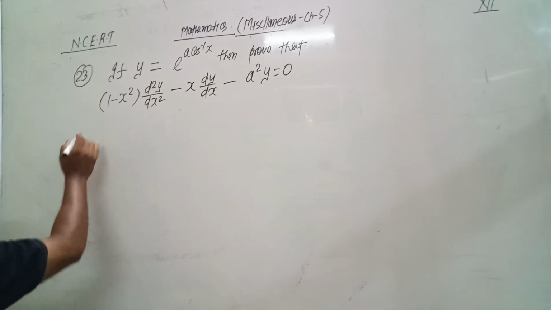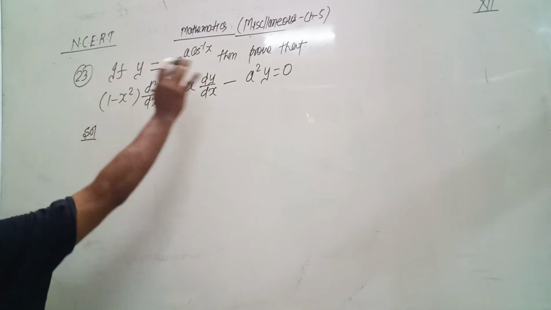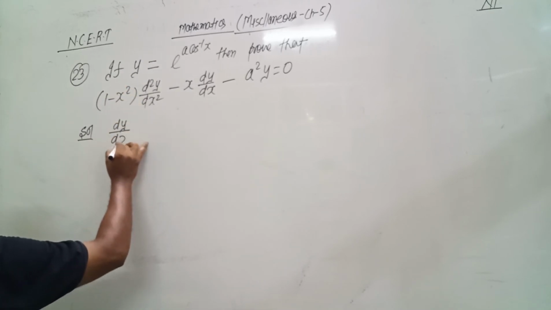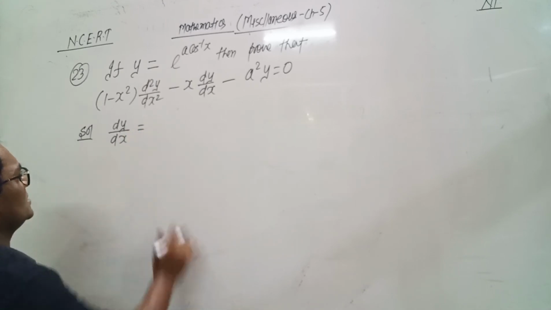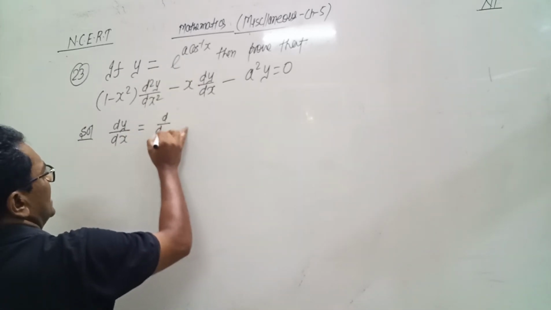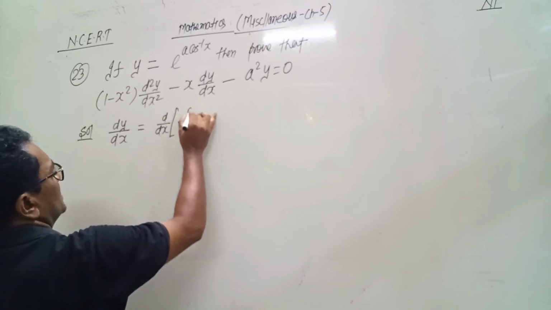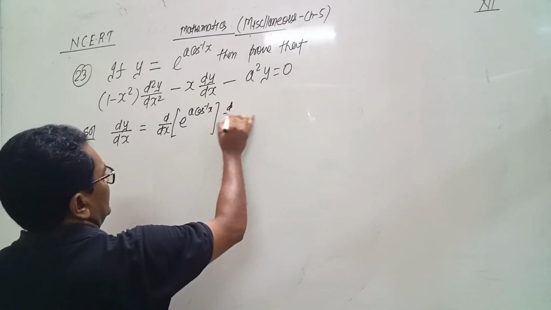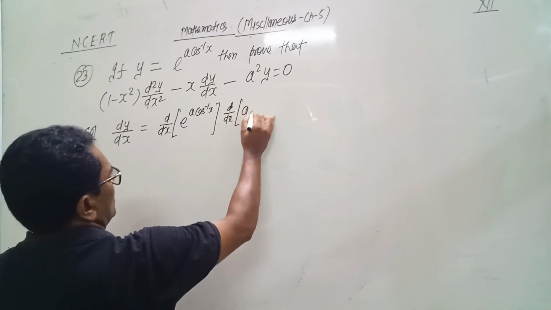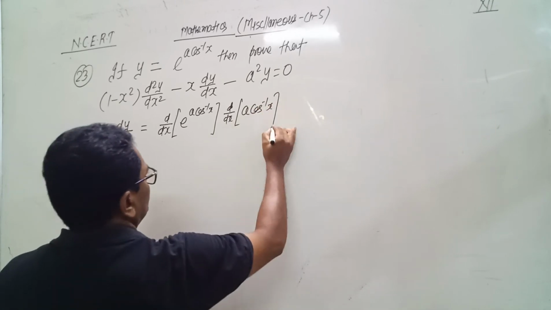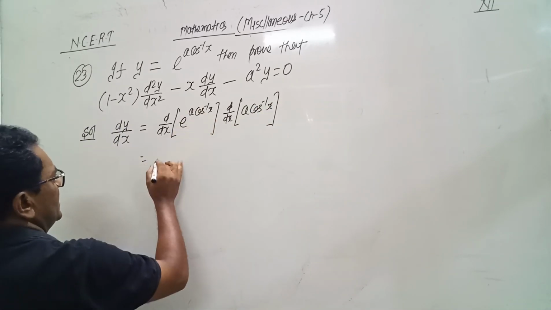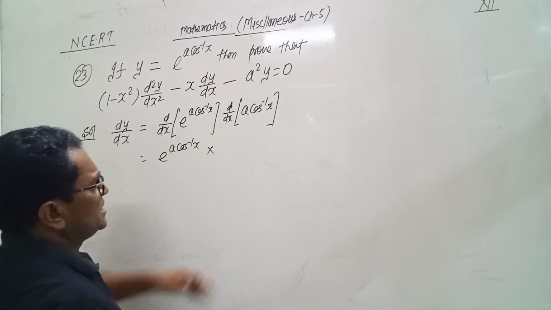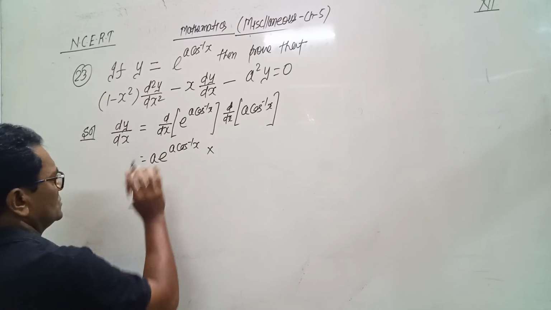We are given y equals e raised to the power a cos inverse x. So differentiate both sides with respect to x. Differentiation of y is dy/dx, and we differentiate e raised to the power a cos inverse x. Differentiation of e raised to the power x gives e raised to the power x. A is the constant term, taken outside.